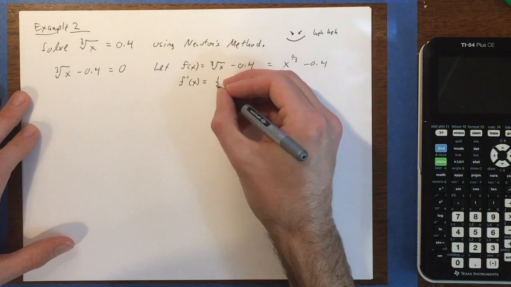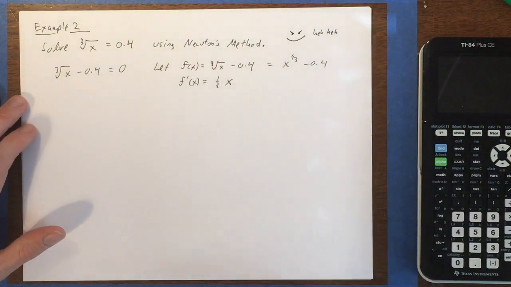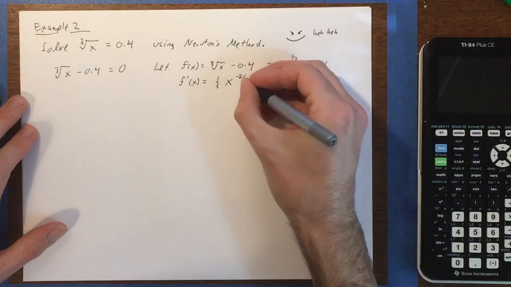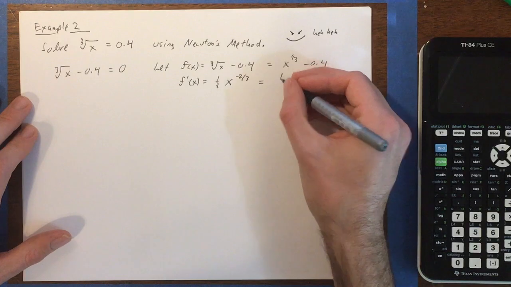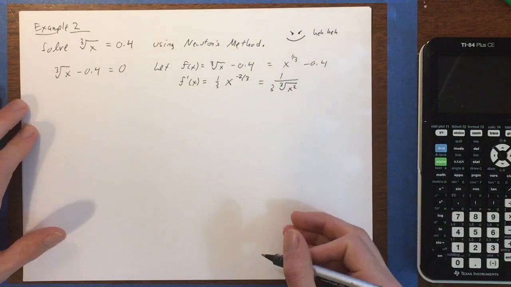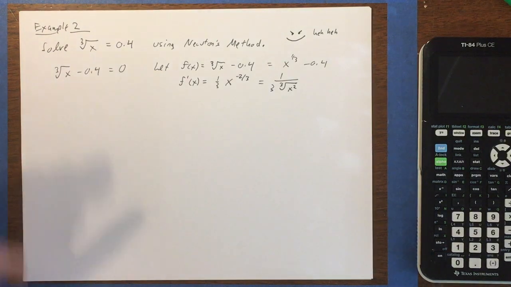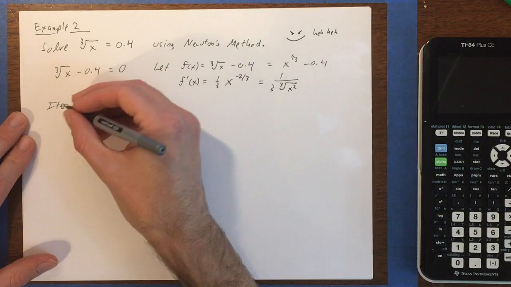We're going to have 1/3 times x to the power. And then if you do 1/3 minus 1, you get negative 2/3. So I can rewrite that as 1/3 times the cube root of x squared. So that's the version I'm going to use for my f prime. So now let's make our iteration formula that we're going to use on this problem.